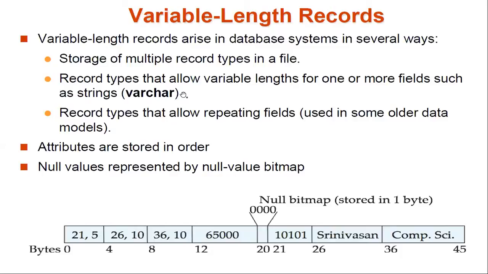Here, there are record types that allow variable length for one or more fields, such as strings. Especially when you use varchar, which you have already studied. Suppose you assign varchar of 25, and in a particular data you give about 15 characters only, then the remaining 10 will be adjusted.